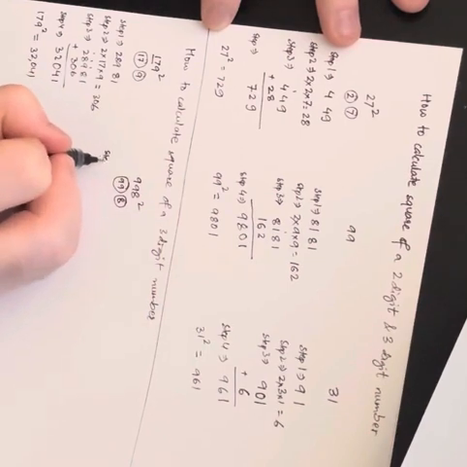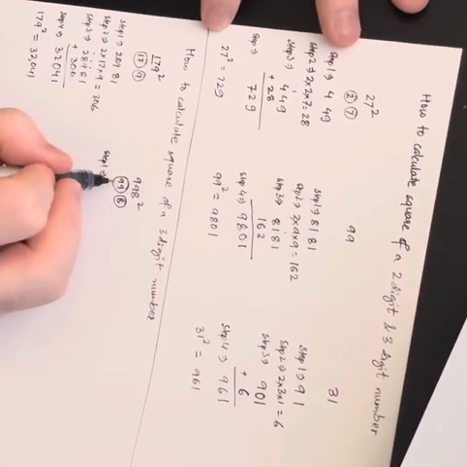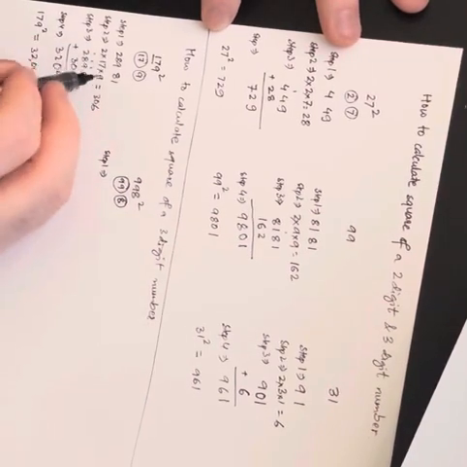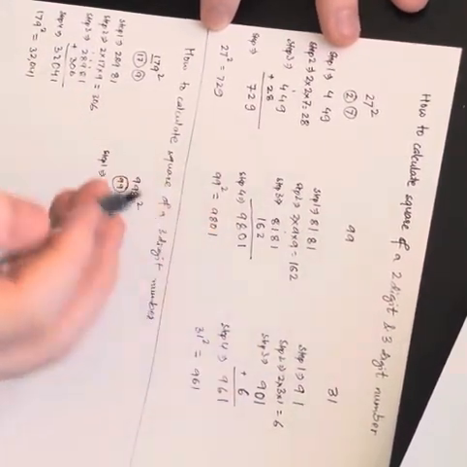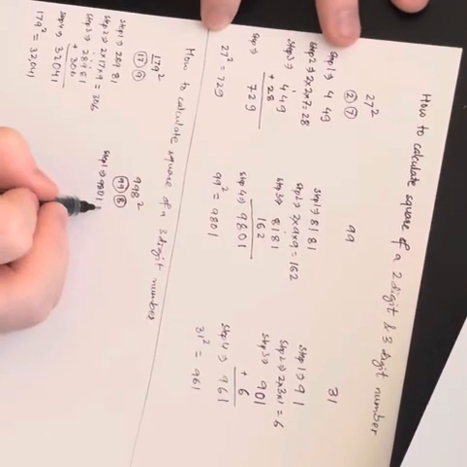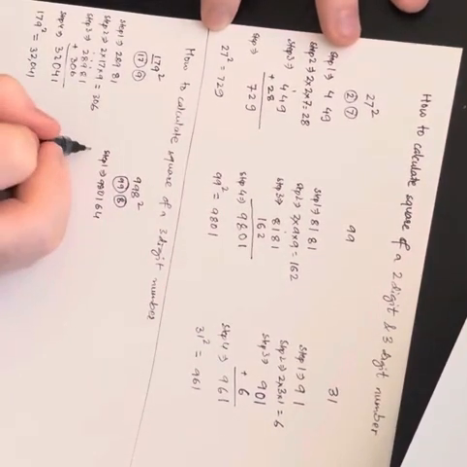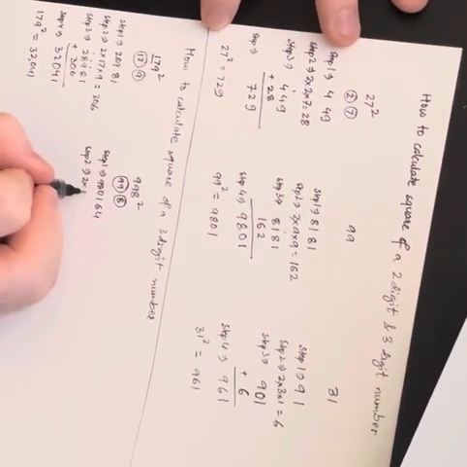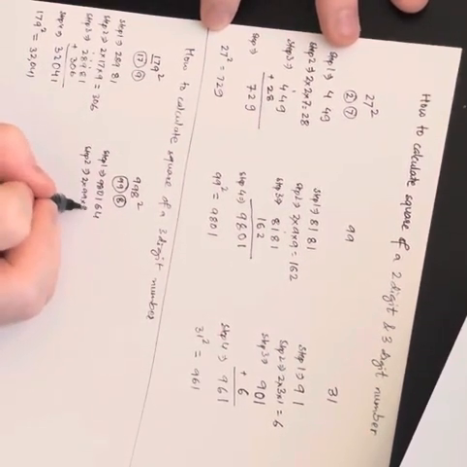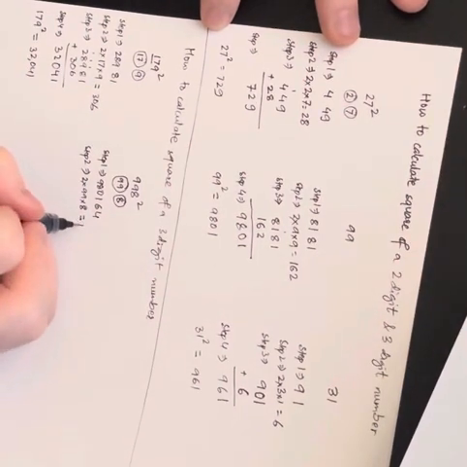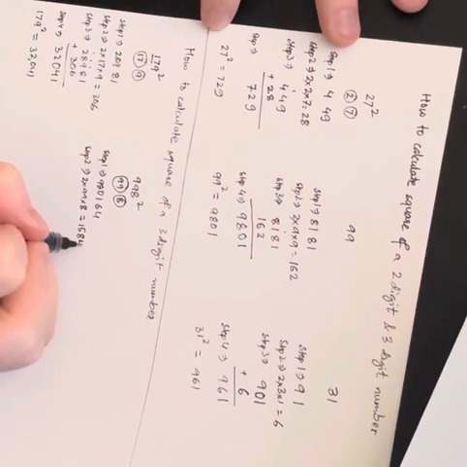Step 1: 99 squared is 9801, and 8 squared is 64. Step 2: 2 times 99 times 8. That is 1584.